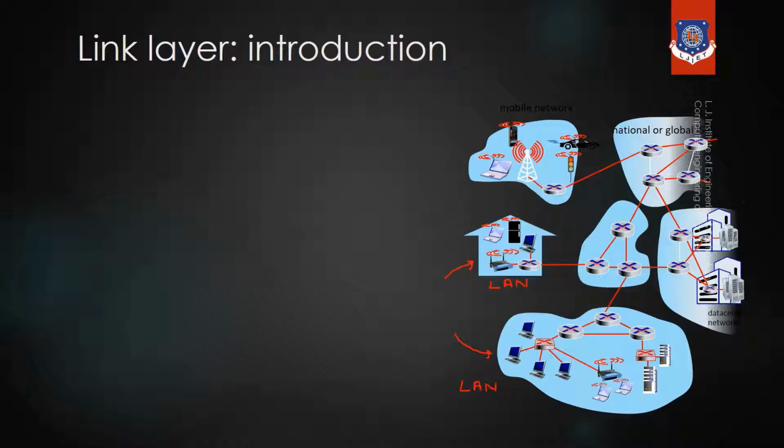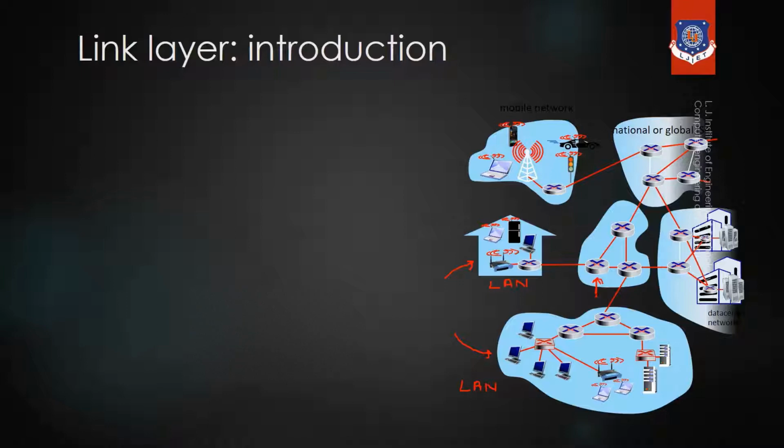And these local area networks are connected to each other via routers. Now, this is the network of networks, which is also known as Internet. And in the Internet, an individual device is known as node.